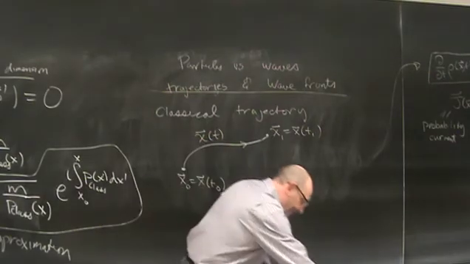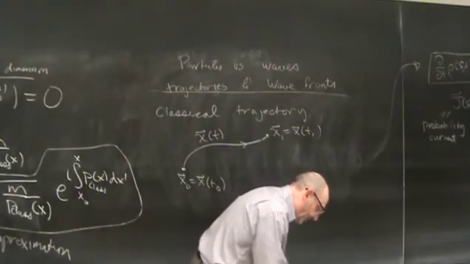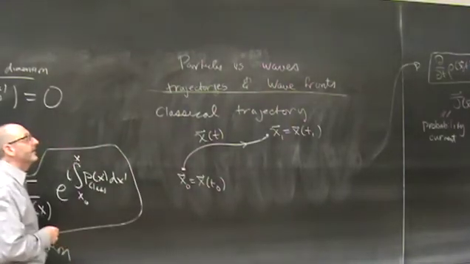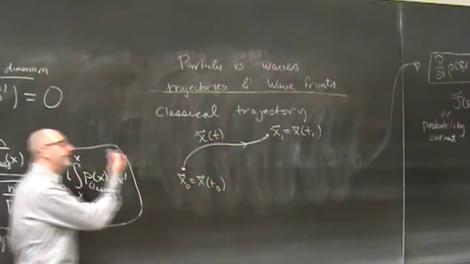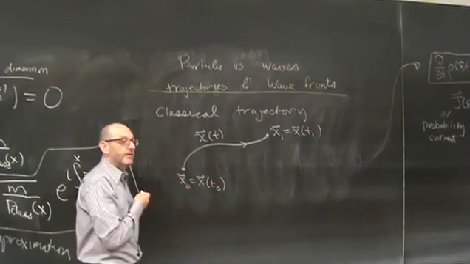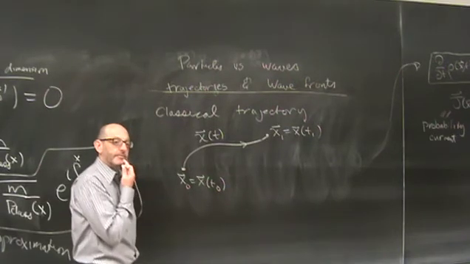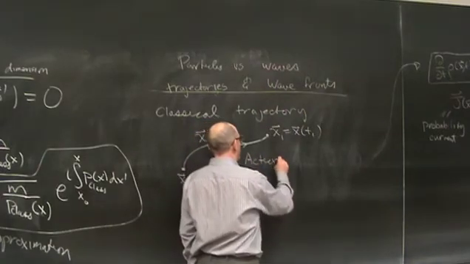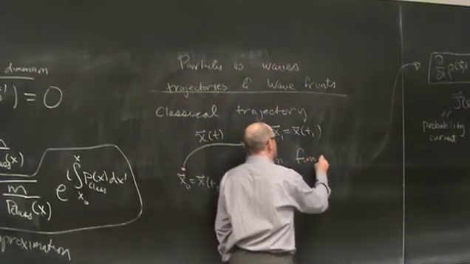And we know that this trajectory can be obtained as the stationary solution to the action. Right? So we have the action, which is a functional of the trajectory.